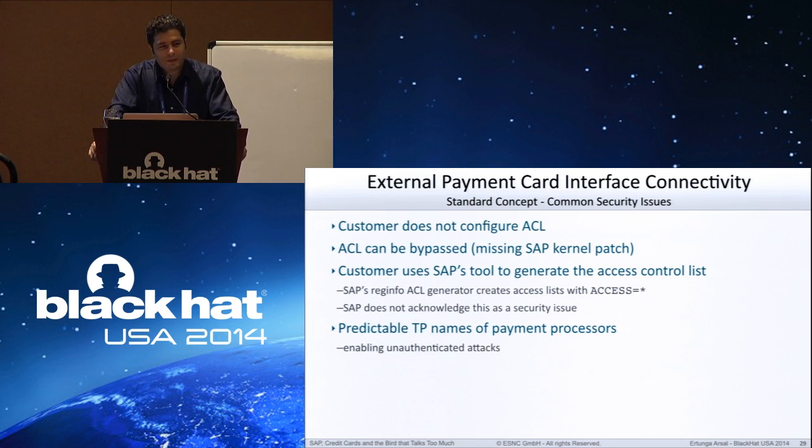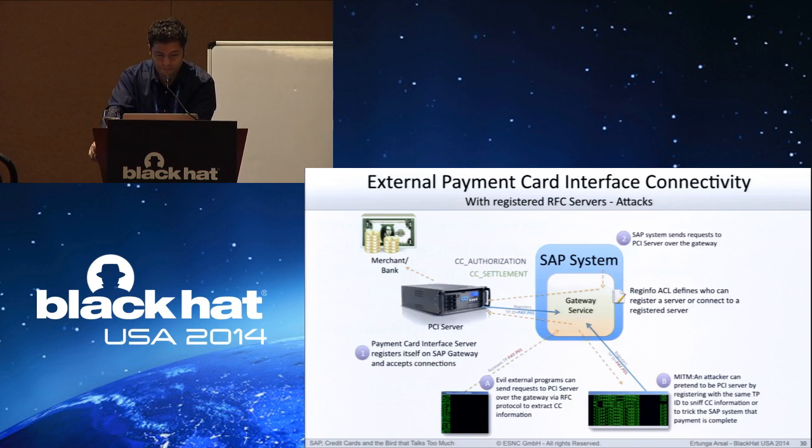The access list generated forbids registering new services or shutting down services, but the access is set to star. So it means you can access these services. And if the payment card processors are using predictable service names, it is possible to just query for the service and then get the credit card information without any kind of authentication.